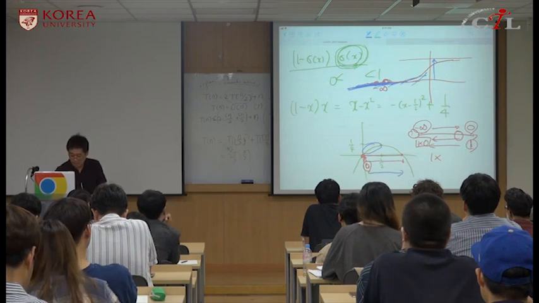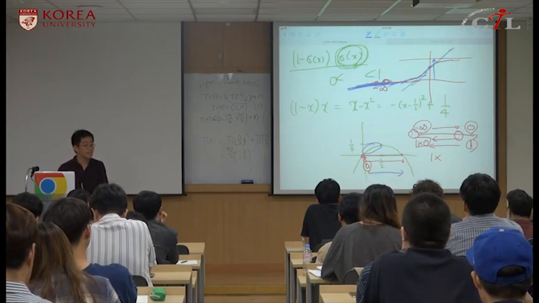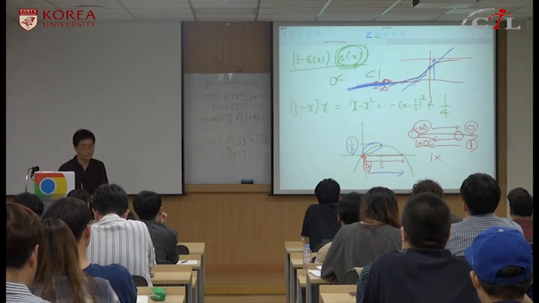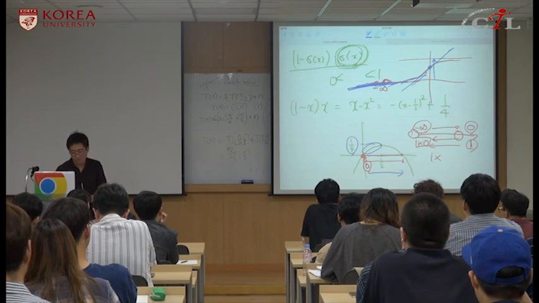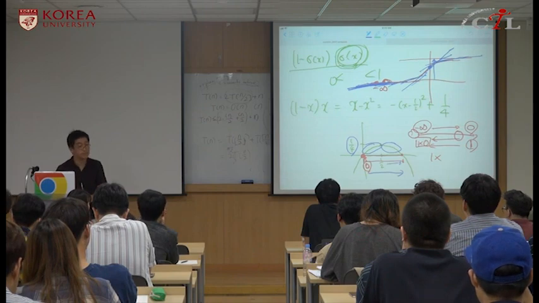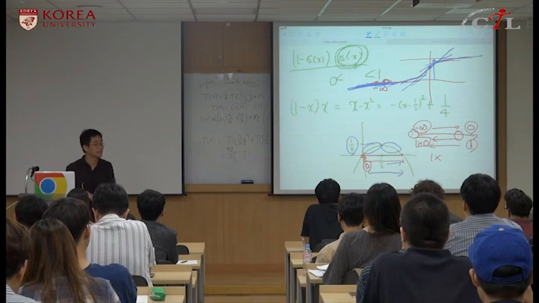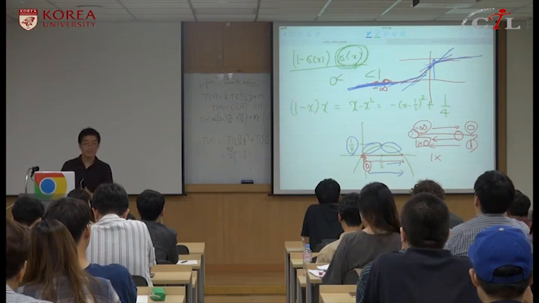At this point, the gradient is the maximum, and that value is 1/4. Then the gradient starts to decrease like this, so it gets decreased as the sigmoid function output gets close to 1.